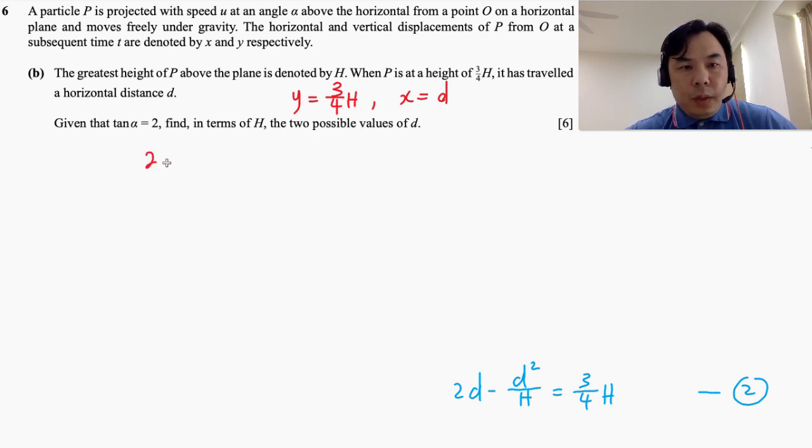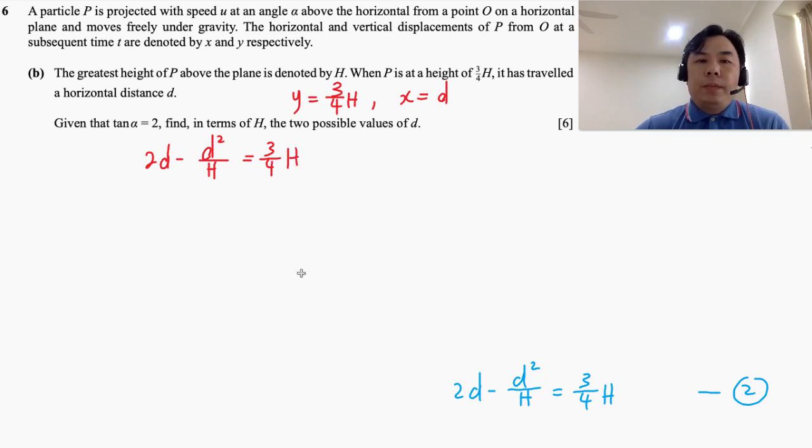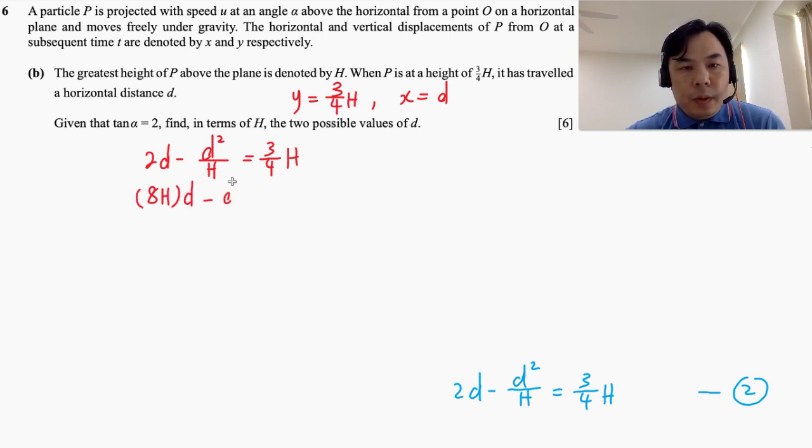We have 2d, and if you try to simplify that, we will get 8hd. You have d square here. Oops, it's not d square, it's 4. There's a 4 there, and then finally you have h square here.